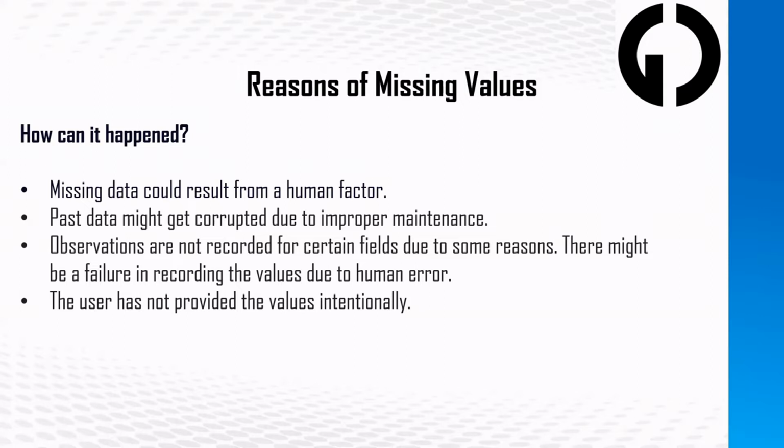Missing data could result from a human factor, like when someone forgot to extract a particular column, or past data might get corrupted due to improper maintenance, or for some columns the data is not available for some persons. Observations are not recorded for certain fields due to some reasons.